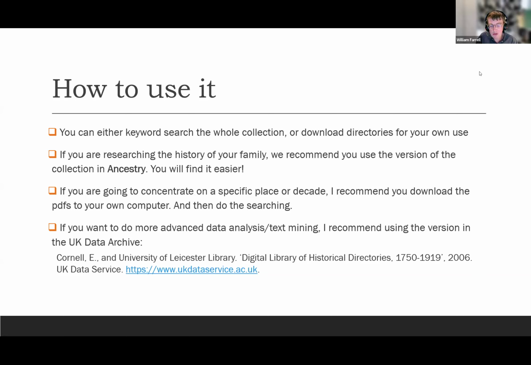And you can download that version for free and reuse it for more complicated things yourself. In the UK Data Archive, it is confusingly called Digital Library of Historical Directories. That's the name you need to search for in their catalogue to find it. When you search that title, you will see that it's broken down into multiple collections by region of Britain. If you're interested in a particular place, that makes it easier.